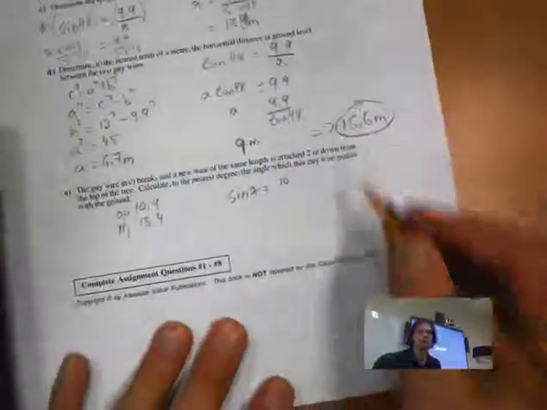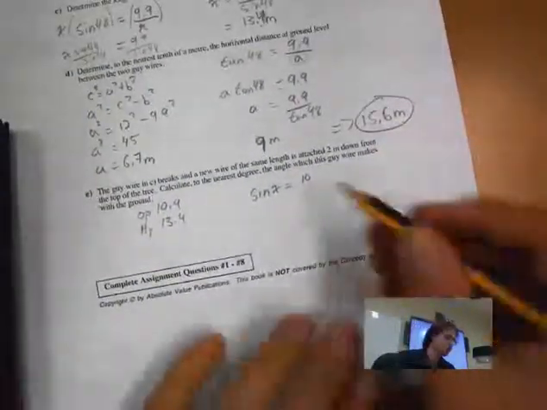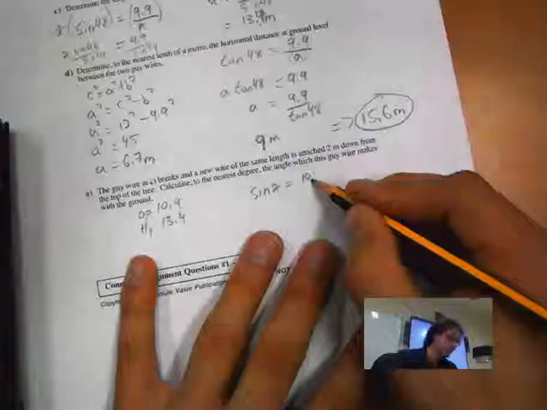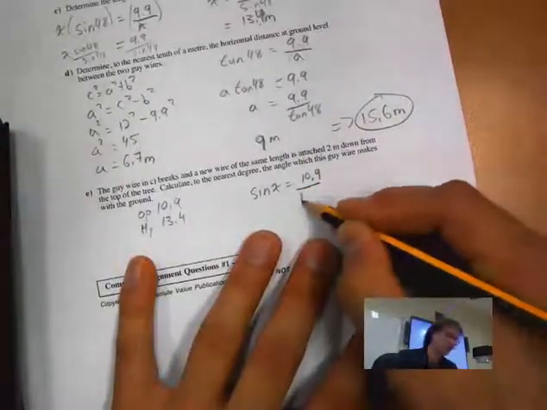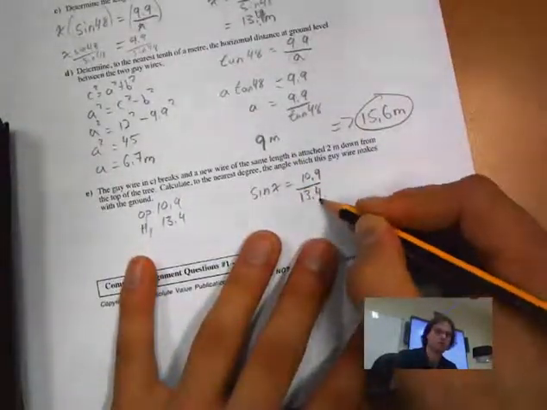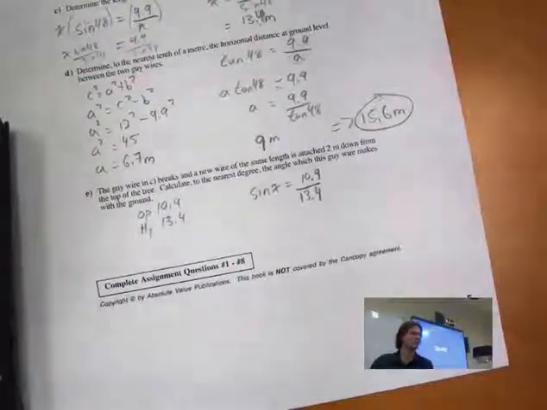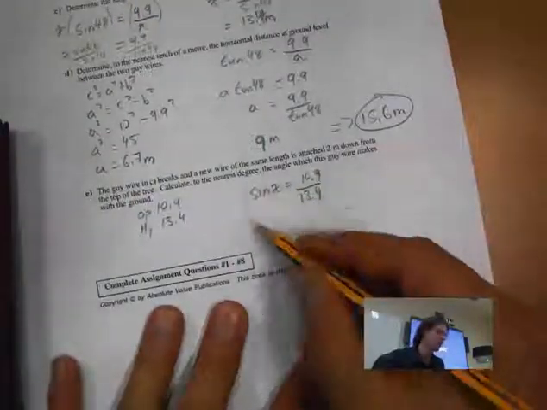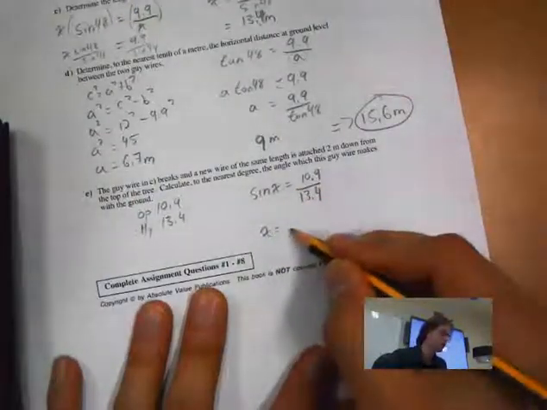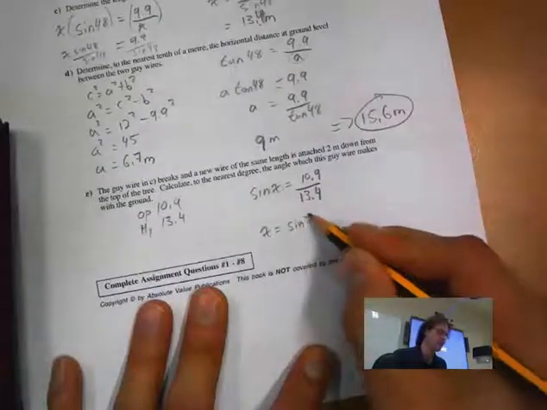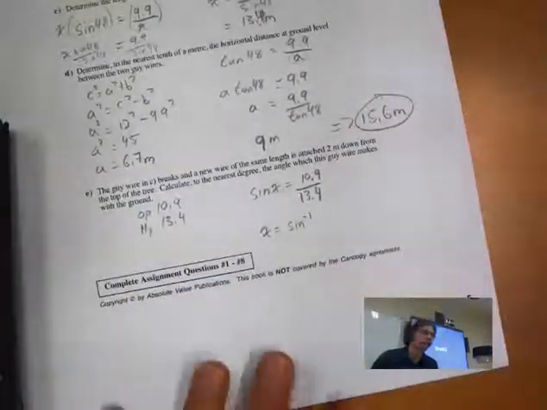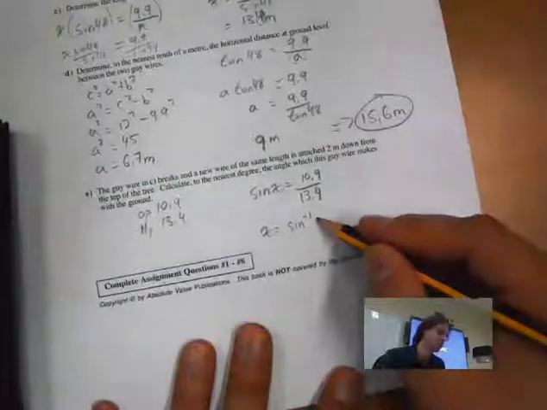So we go sine x is equal to 10.9 divided by 13.4. Okay? But we don't know this, so then we have to go x is equal to, because we're trying to find the angle, we have to use second sine, the inverse of sine.